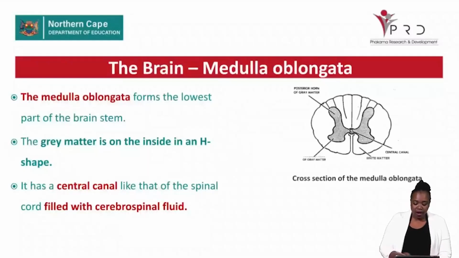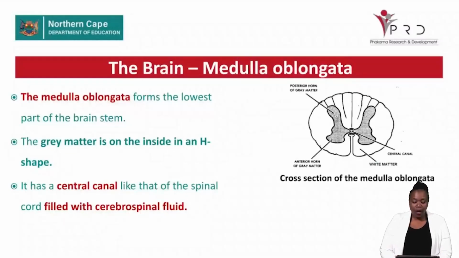Right. And then lastly, we have the medulla oblongata. Now, unlike the cerebrum and the cerebellum, the medulla oblongata is made up of gray matter on the inside and white matter on the outside, which is the total opposite of both the cerebrum and the cerebellum. Right. So this gray matter on the inside would form that H shape that we can see over there.